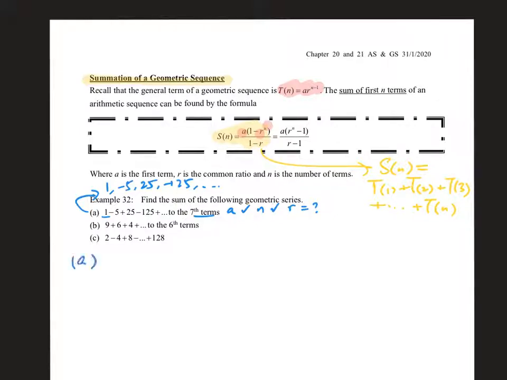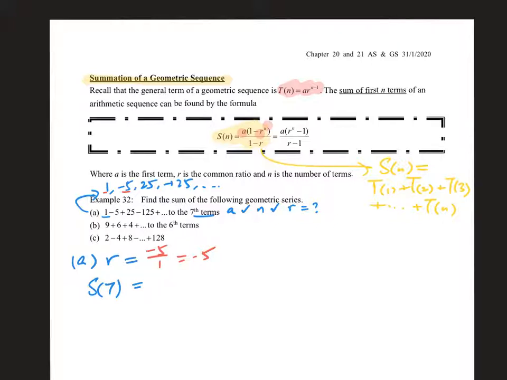In order to find the common ratio, we use the same way: you use the latter term over the previous term. You can see that I repeatedly talk about this formula in different videos. So that is -5/1, which is simply -5. Now you can find S7 because you're talking about the sum of 7 terms.